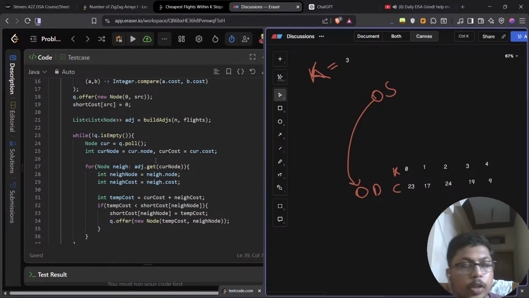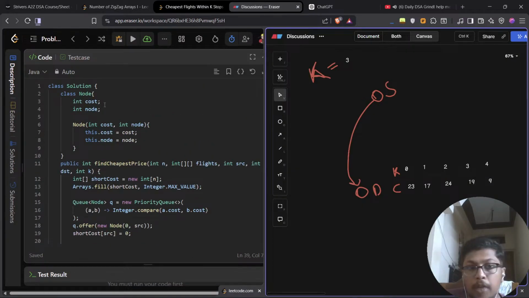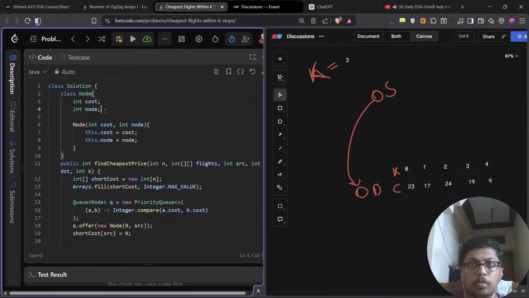At that point, in order to track this k, I manually maintained one more value, which is the k for it.